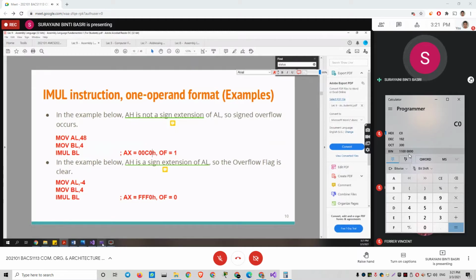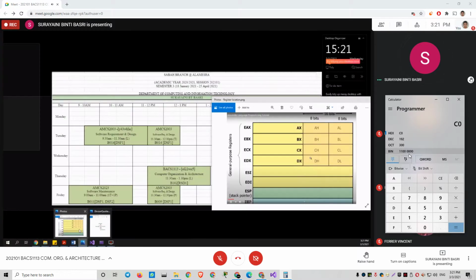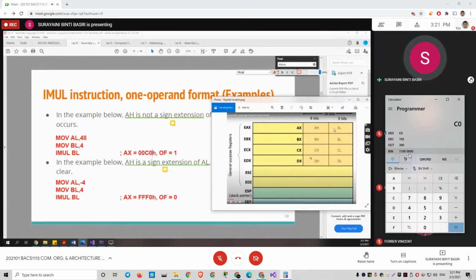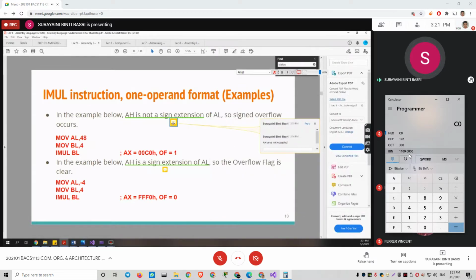So in the AX, if the AH is not occupied, it means that AH is not a sign extension of AL, so your overflow equals 1. If it is occupied, your OF overflow will be 0.